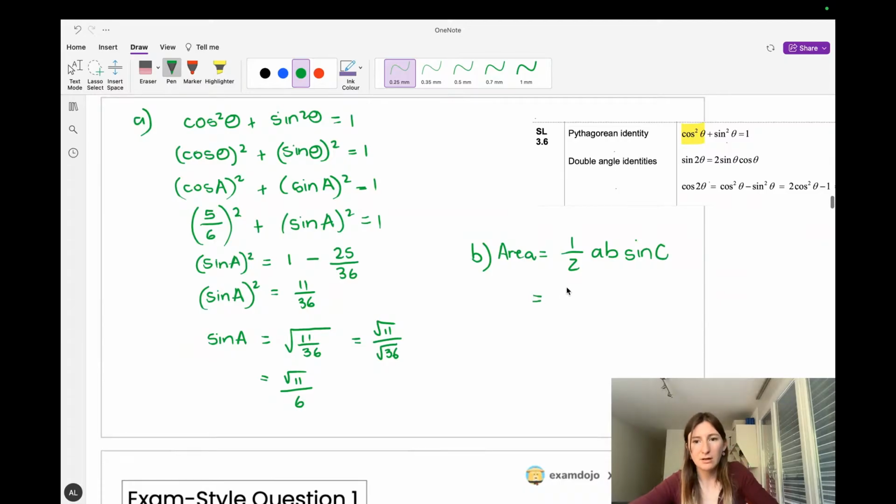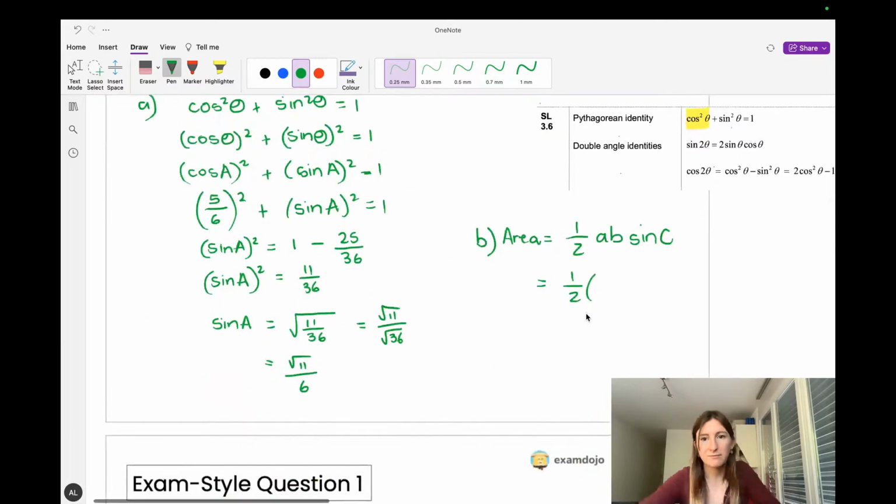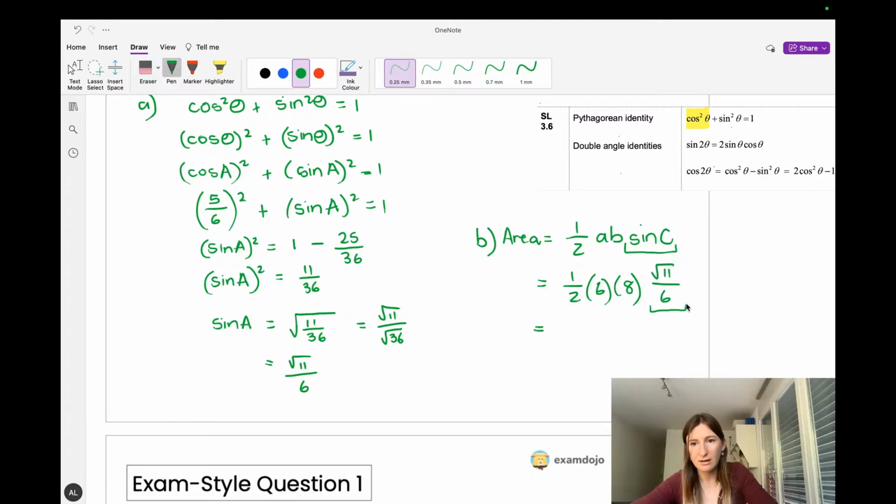So we can write half, 6, 8, sine C, or sine A in this case, is root 11 over 6. So see, that's useful. That's why we found it. Because we don't have a calculator, we don't need to figure out what sine of our angle is, because we have the whole thing.